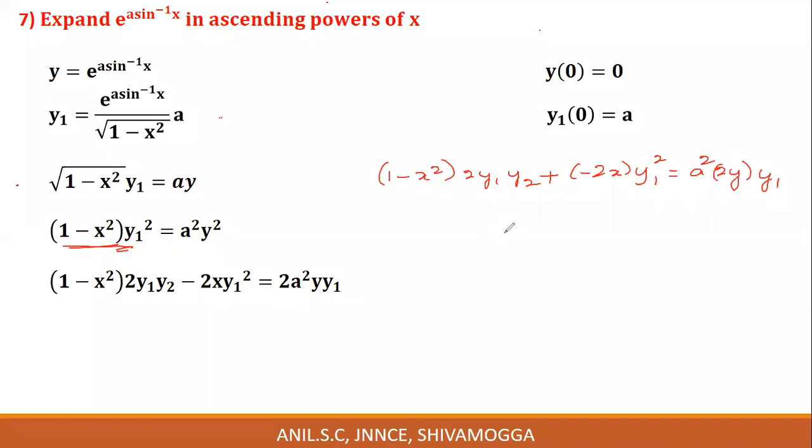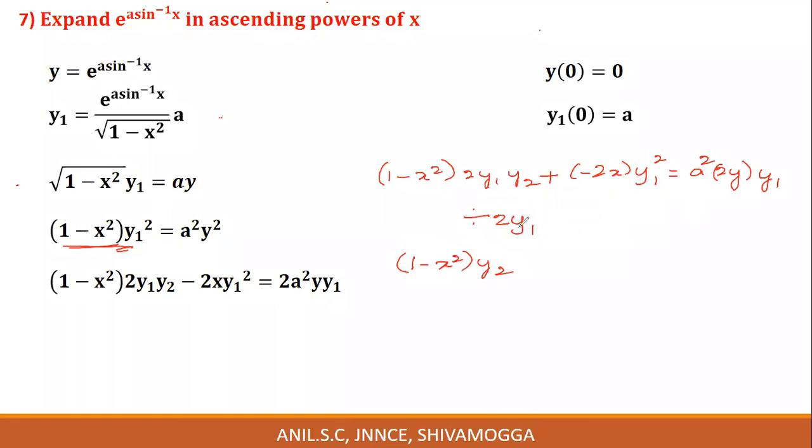What is the common factor here? 2 is common in all the three terms, therefore we can divide the expression throughout by 2. y1 is common in all the three terms, therefore we can divide by y1 also. Therefore, divide the expression throughout by 2y1. What we get here is 1 minus x square into y2.